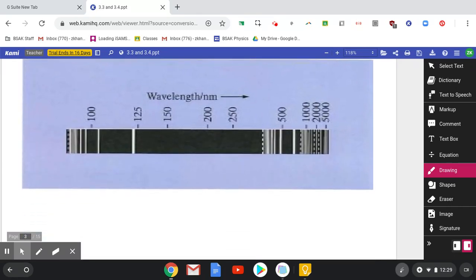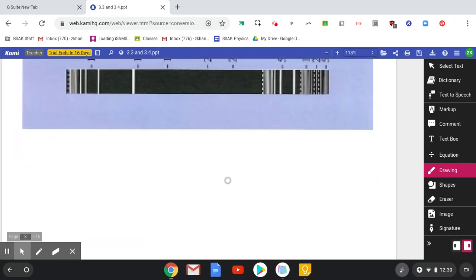So here are more line spectra, but for, let's say, a different element. Now here you see many lines. It's a black and white picture. Different element, different set of wavelengths. It's like a barcode for a different element.